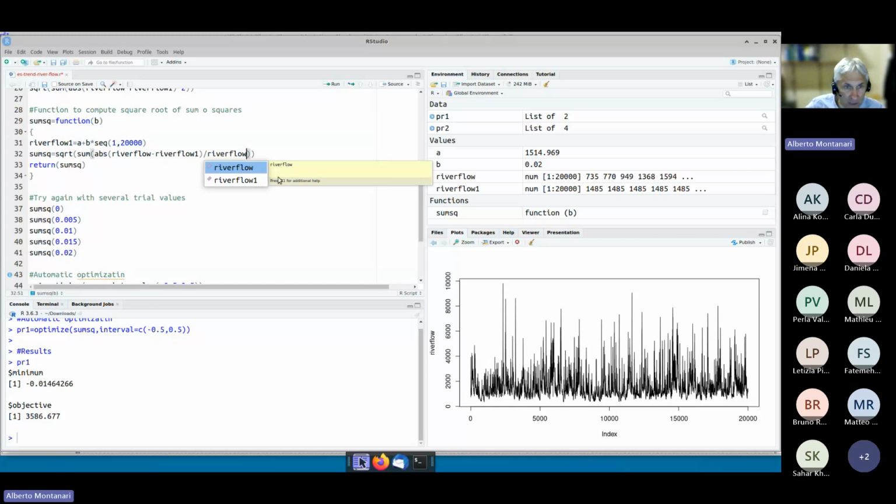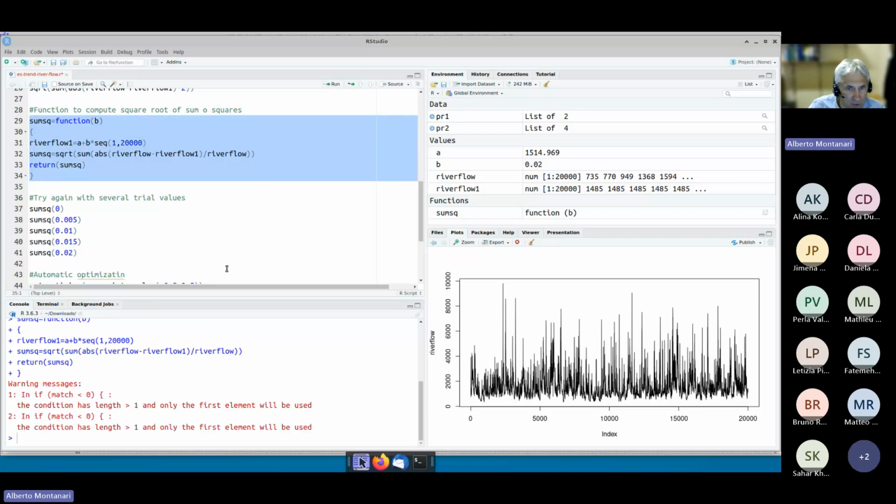Okay, and here, let me see, the parentheses here, yeah, it's before the summation. Yes, I think we should, okay. This is the sum of the relative errors. Run, sorry, there is something wrong here. Let me see. Okay, one second.